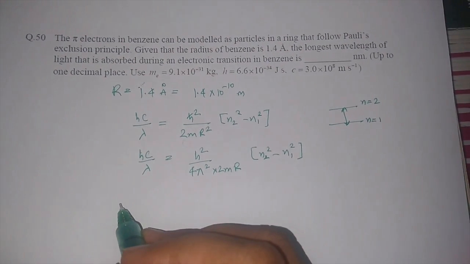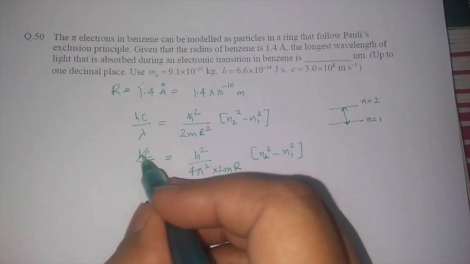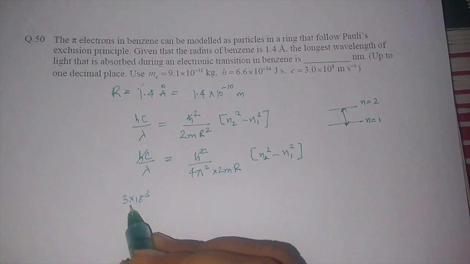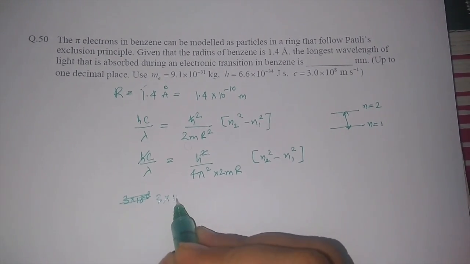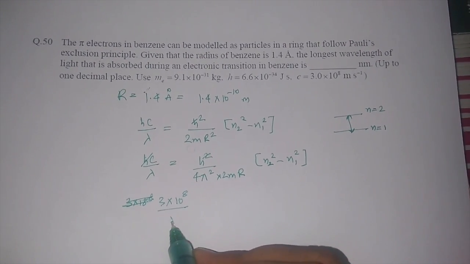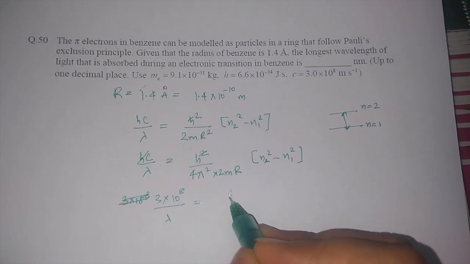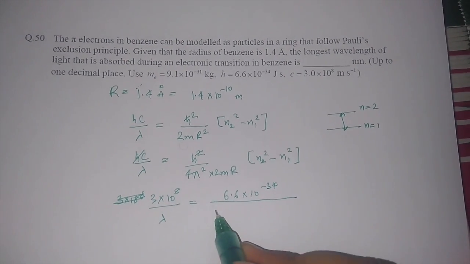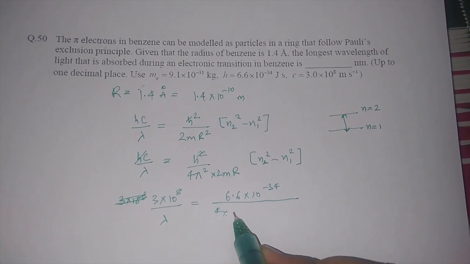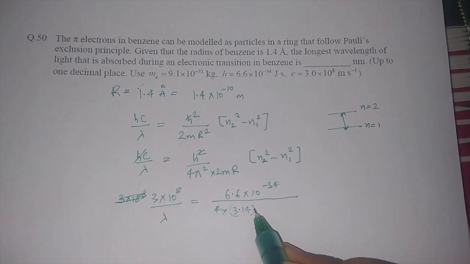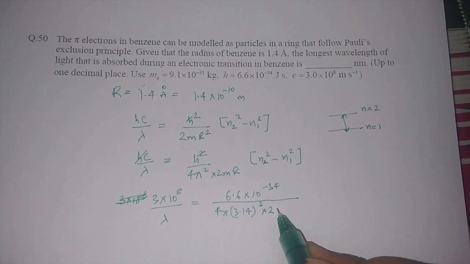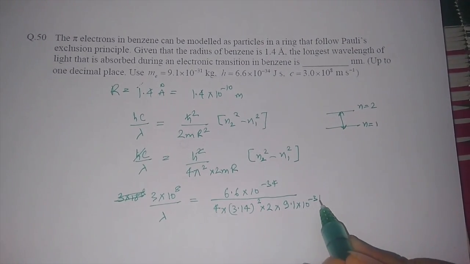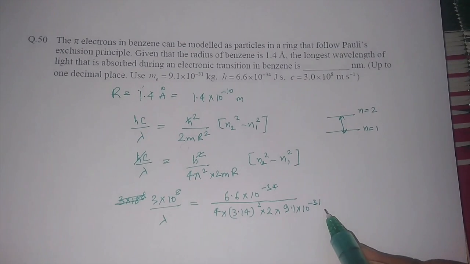Put all of these values, so h will cancel out and you will get c here. So 3 into 10 to the power 8 divided by lambda, that's what you have to calculate. h is 6.6 into 10 to the power minus 34, divided by 4 pi square, where pi is 3.14, then 2, then m as 9.1 into 10 to the power minus 31, which is given in the question.